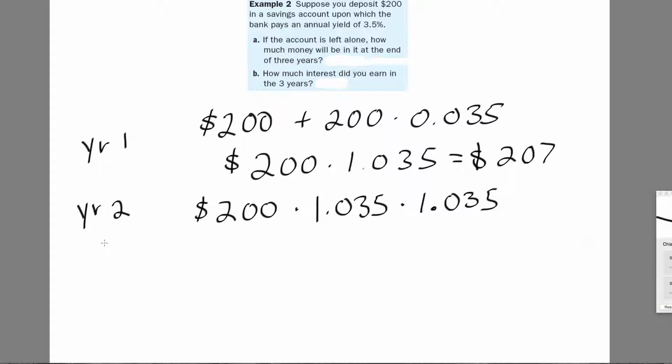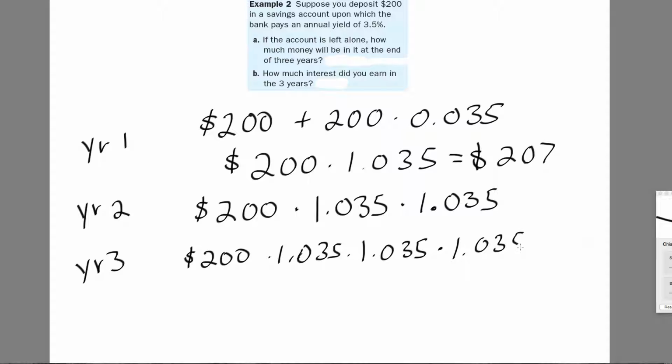That's year 2. And then I took the year 2 result and multiplied that one times 1.035. So in year 3, I had 200 times 1.035, the first year's interest, times 1.035, the second year's interest, times 1.035, the third year's interest.